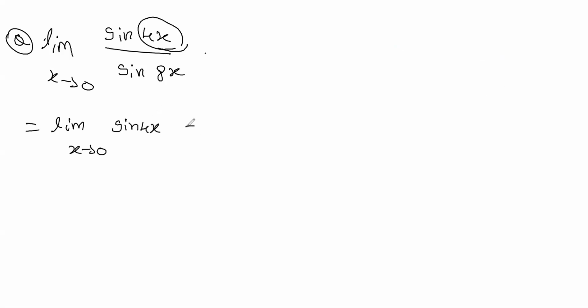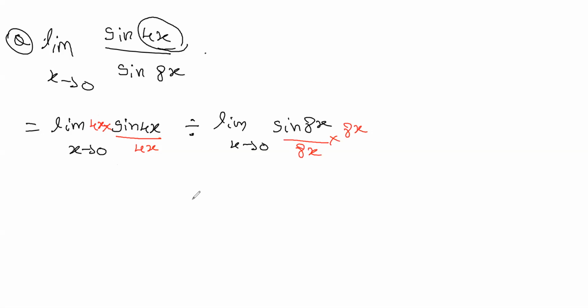Limit x tends to 0, sine 4x divided by limit x tends to 0, sine 8x. Now I should get 4x in the denominator. If I write 4x over here, the value will change. So I will multiply it with 4x, then the value won't change. Here also I will multiply by 8x.